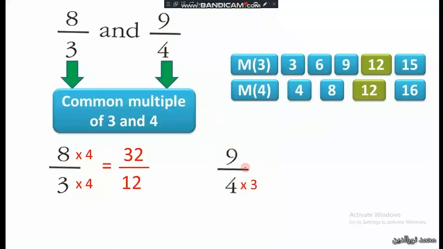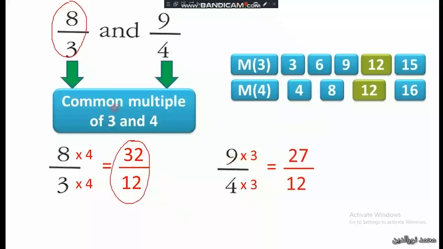And then we multiply the numerator by 3. So we get 9 times 3, 27 over 12. So we notice that I now have two fractions: 32 over 12 is equivalent to 8 over 3, and 27 over 12 is equivalent to 9 over 4.